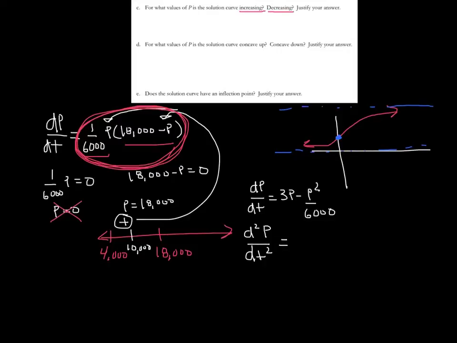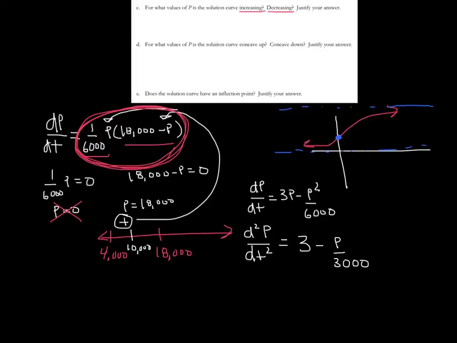A simple mistake that can easily be made here is to simply take the derivative like you would normally. So 3, and this is wrong, so I'm just trying to show you what you don't want to do. It's easy to say, well, the derivative is just going to be 3 minus p over 3,000, all right?